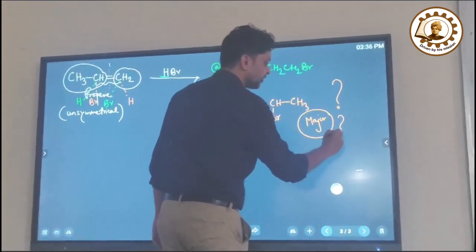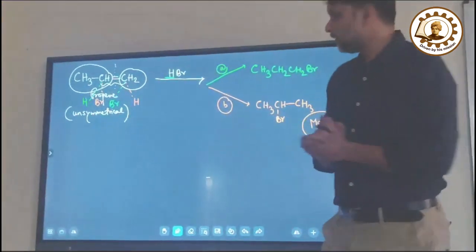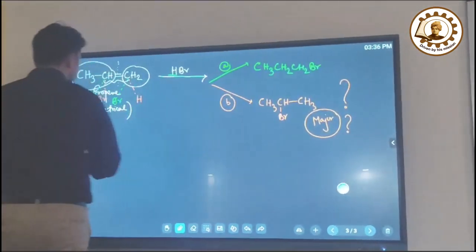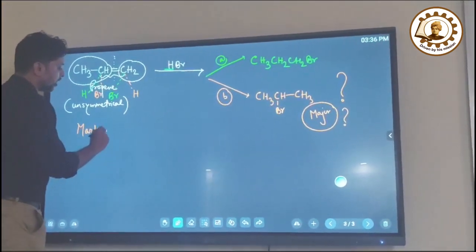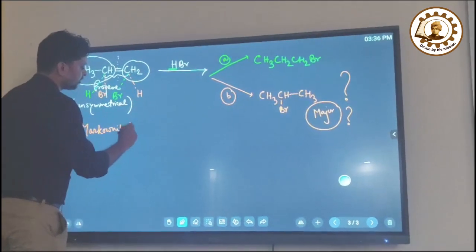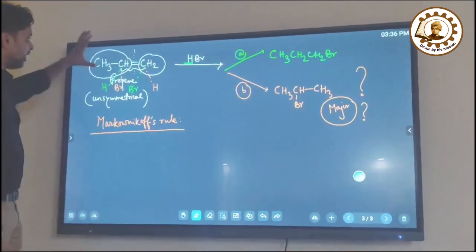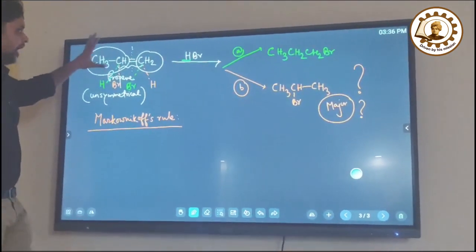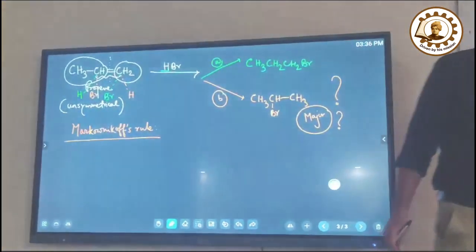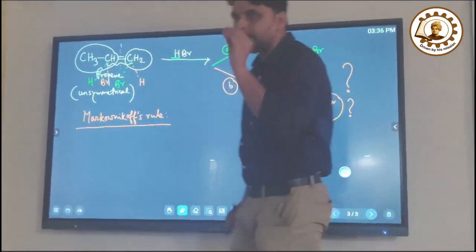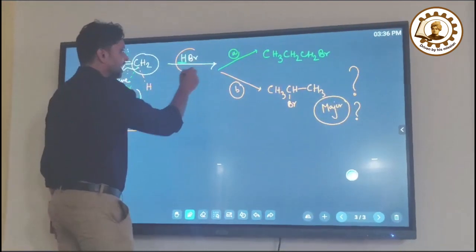This question can be solved using a rule called Markovnikov's rule. So what is Markovnikov's rule? This rule says, when an unsymmetrical alkene is treated with an unsymmetrical reagent, the negative part of the reagent, I repeat, the negative part of the reagent, let's take HBr.